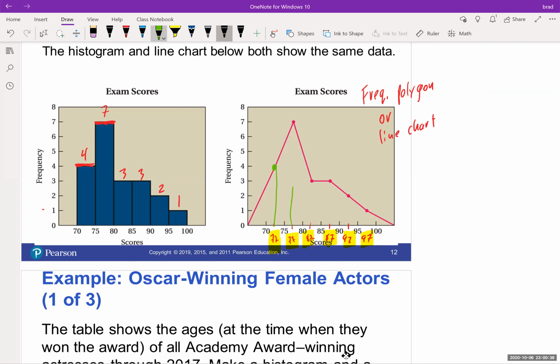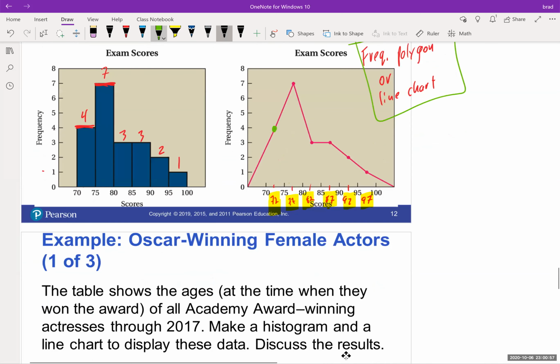We go straight up to our midpoint, and our midpoint, and our midpoint. So hopefully you guys see this, and again, I've never seen this called a line chart. I've always heard of it as a frequency polygon, but I think in your book they're going to call it a line chart. So that's okay, we'll just go with that.